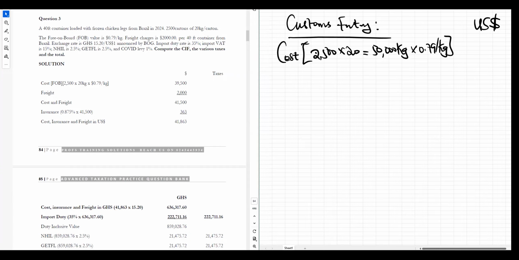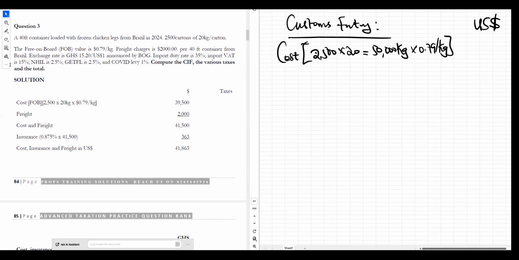Listen, the free on board value that they've given you, is it in kg or is it in cartons? Please read the question first. Read. They said the value is what? Look at it. It's right in front of you.